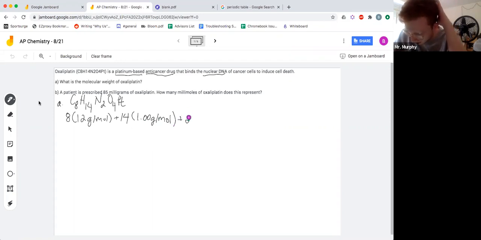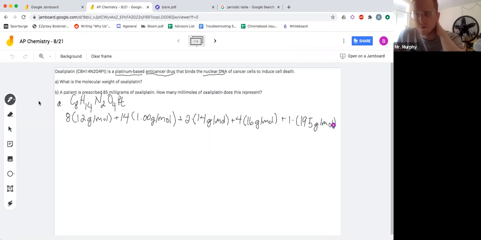Plus 2 times nitrogen, 14 grams per mole. 4 oxygens, which are 16 grams per mole. And platinum, one of them, 195 grams per mole. Easy peasy.